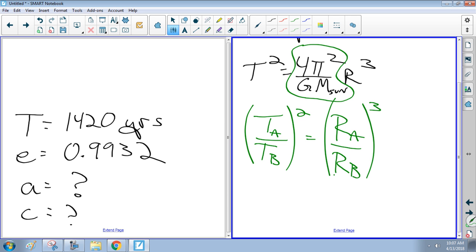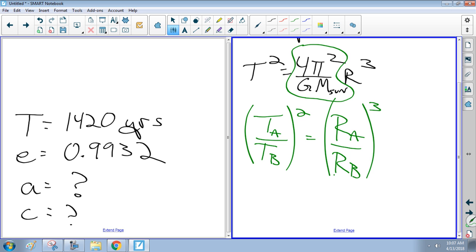Does that make sense? All right, so one of our two objects here is going to be the comet. What would be a good choice for the other object? Well, the sun doesn't orbit the sun. The Earth orbits the sun, though, right? Follow? Make sense?